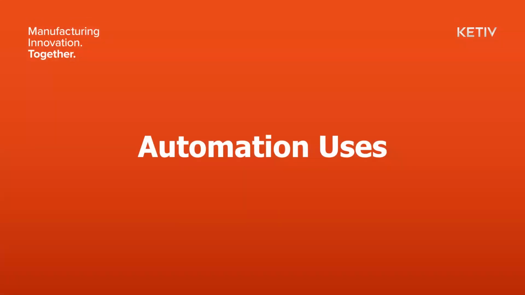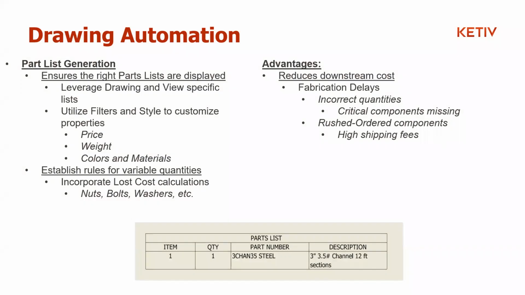Now we're going to jump into how this is useful for automation. The biggest thing is that we see it a lot in drawing automation here at KETIV. When customers come to us wanting to do one of these big automation projects, they usually say, hey, we have a big issue: whenever we go on site, we don't send enough materials out there.